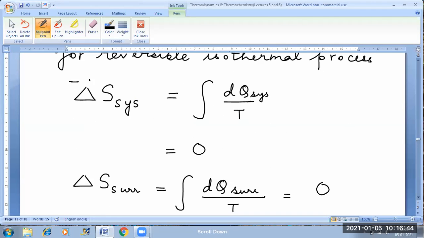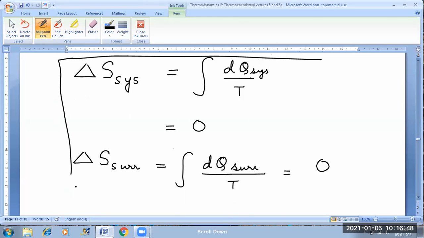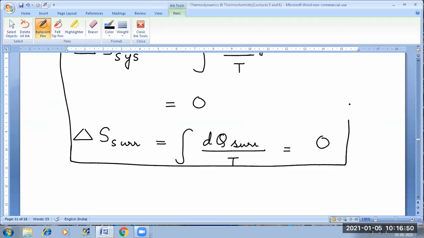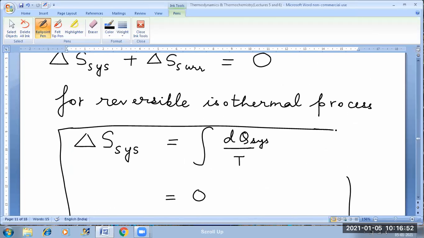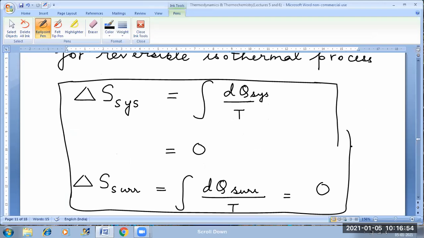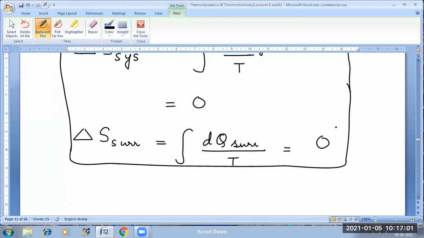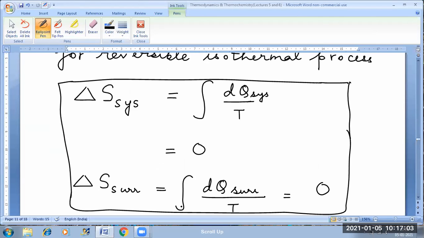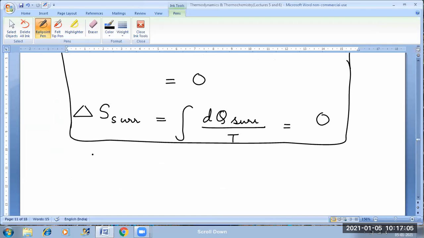Correct? So this is for a reversible adiabatic process.